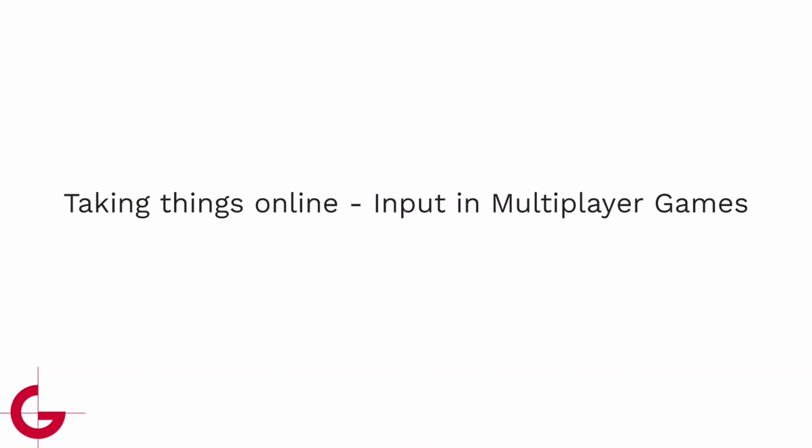And what about online games, right? We talked about how input is handled in the modern day, but online games are very popular in the modern day as well. So how does input work in an online multiplayer game?